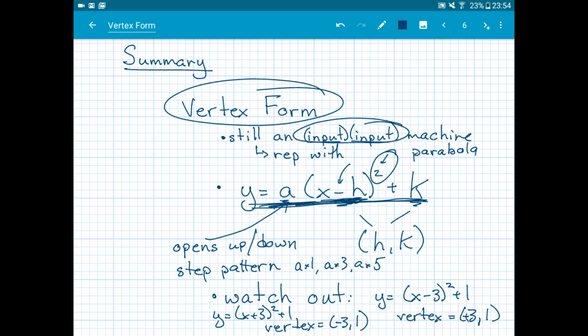When you graph that, you get a parabola. The a value of that parabola, or of the equation, will tell you whether that parabola opens up or down. It will tell you the step pattern, which all you have to do is multiply a by the original step pattern of the base function, and h and k give you the vertex. And watch out again for the opposite sign situation.